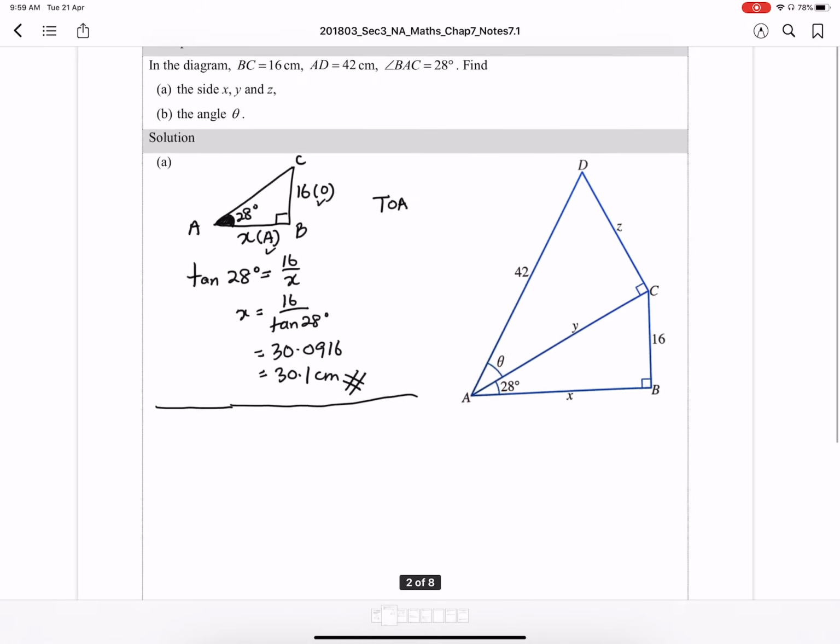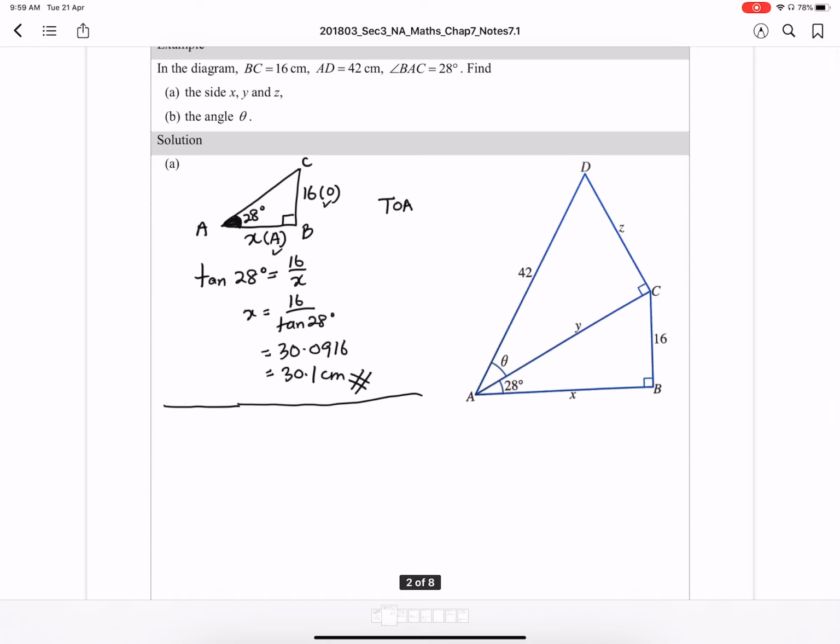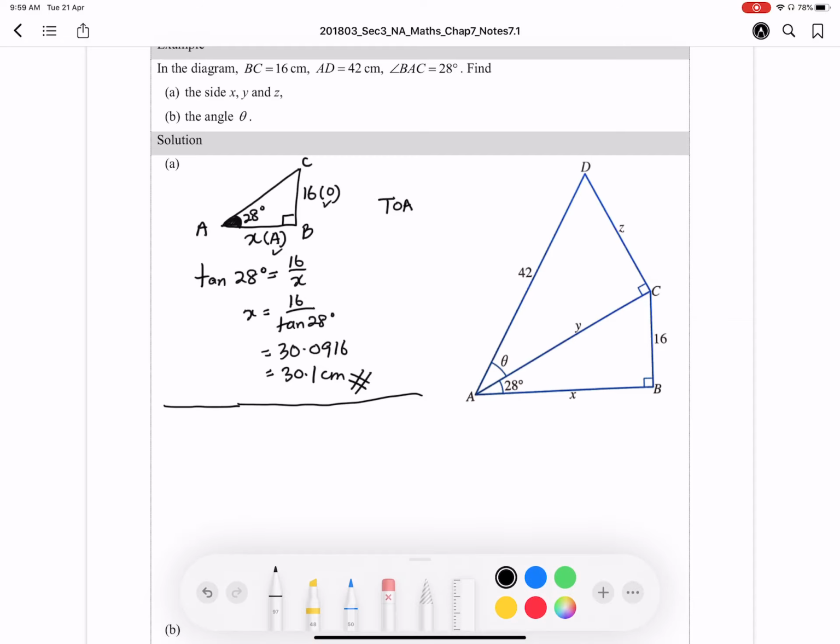Okay, so that is the first part of the answer. For the second part, to get Y, we can still focus on the same triangle. So I'm going to draw the triangle again. We have 28 degrees, a right angle triangle, we have Y, we have 16. This is triangle ABC. We can find Y from 28 degrees.